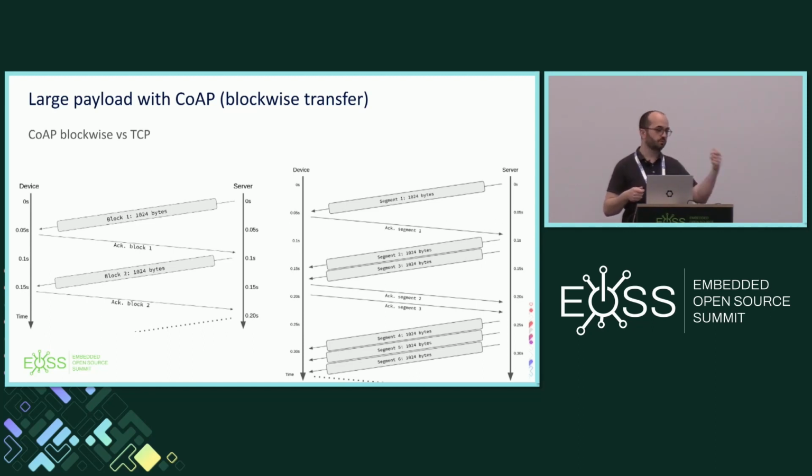So if you need to move 1 megabyte, it's going to take a long time, which is different from what TCP is doing, because TCP has this concept of ACK windows, which is slowly opening, sending more and more packets in flight, in parallel, and optimizing the bandwidth a bit. So it's something to take care of with CoAP. If you want to transfer a lot of data, you need to be careful. It's going to take more time than TCP, for example.